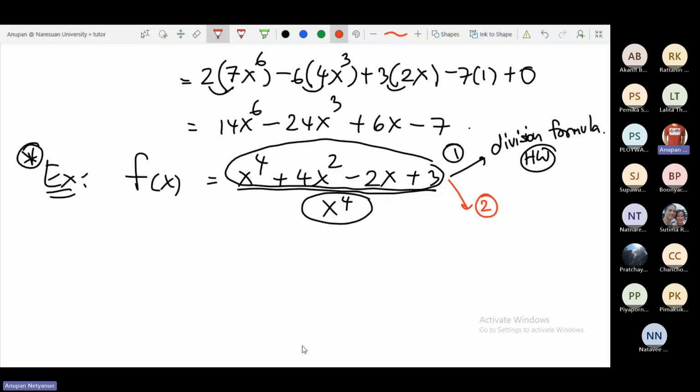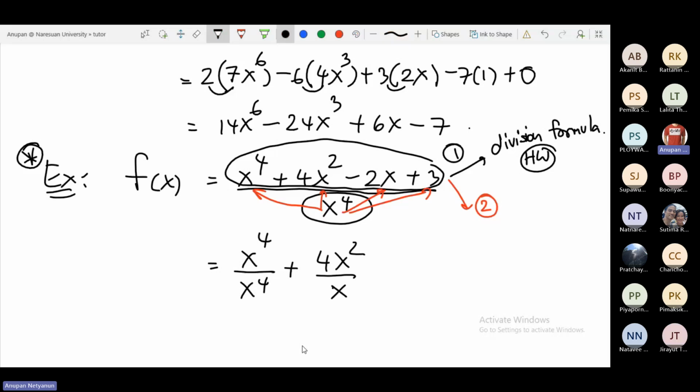If I take this denominator and separate for each term, since it's a common denominator, you can see that I have x to the power 4 divided by x to the power 4, plus 4x squared divided by x to the power 4, minus 2x divided by x to the power 4, plus 3 over x to the power 4.